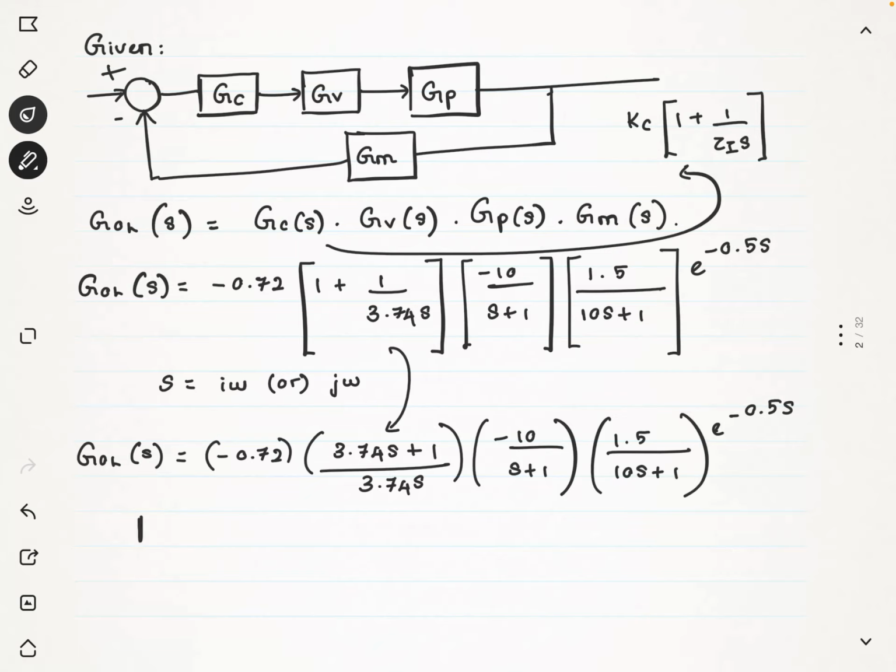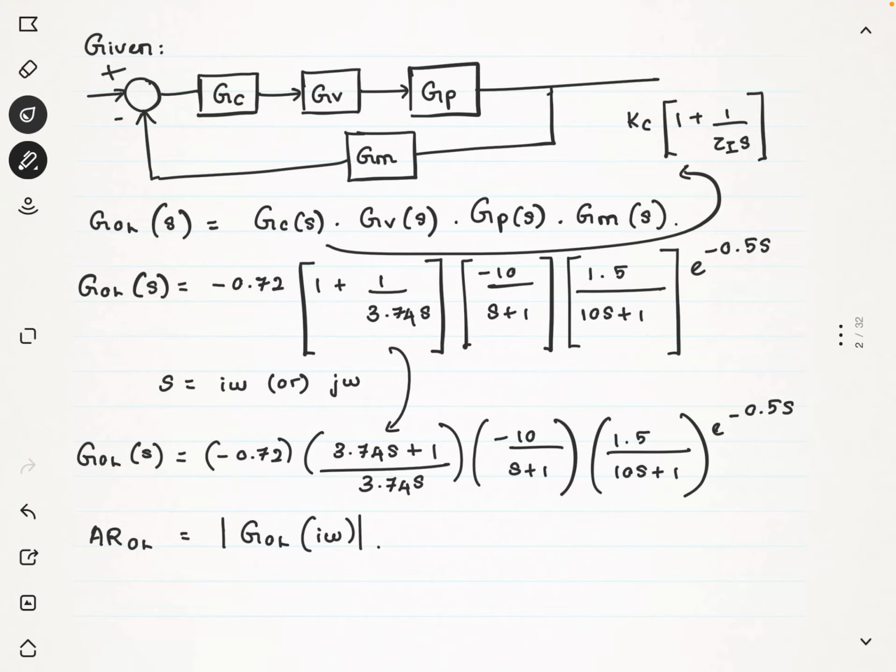So the amplitude ratio of the open loop transfer function will be, because we substitute i omega in the place of s.